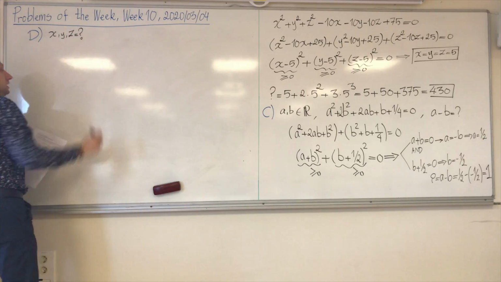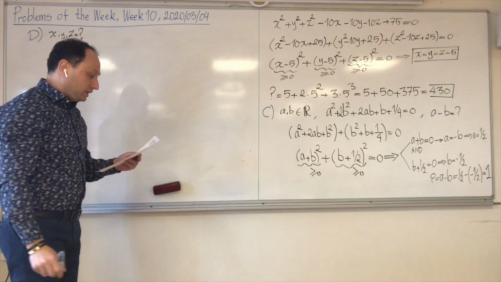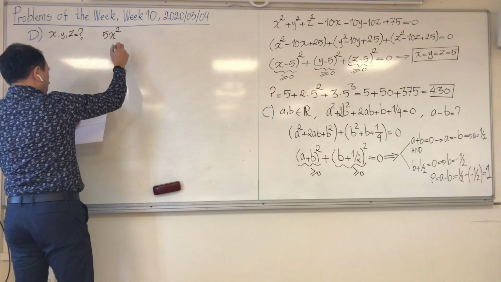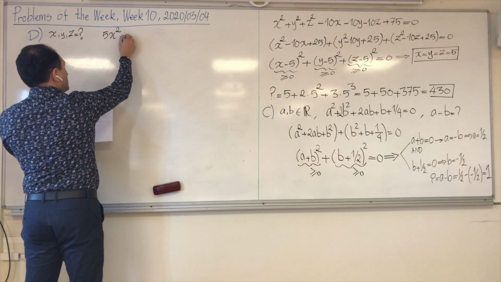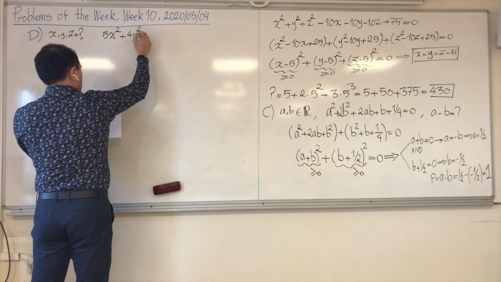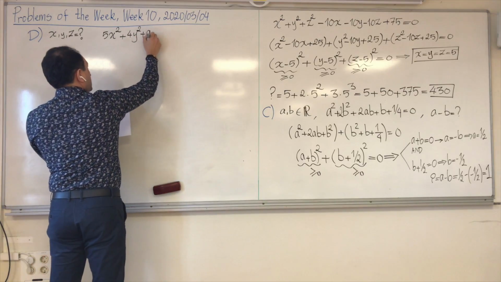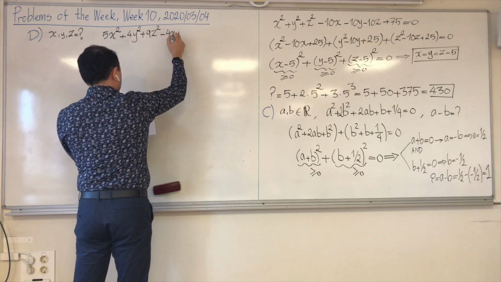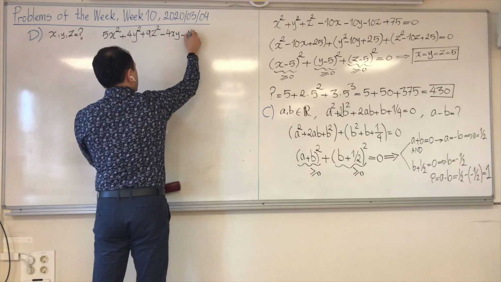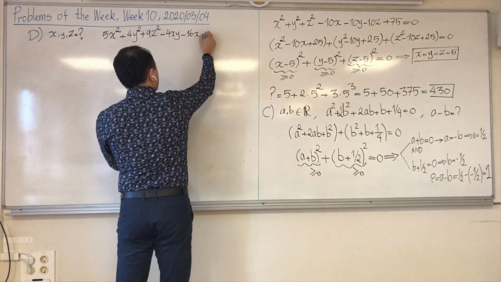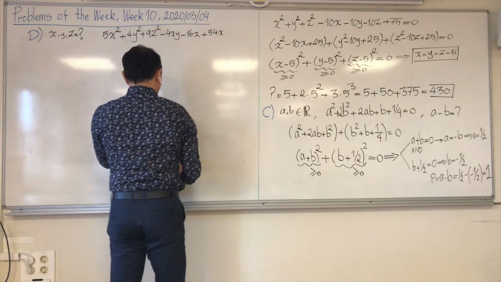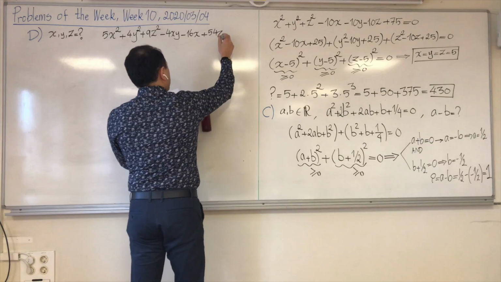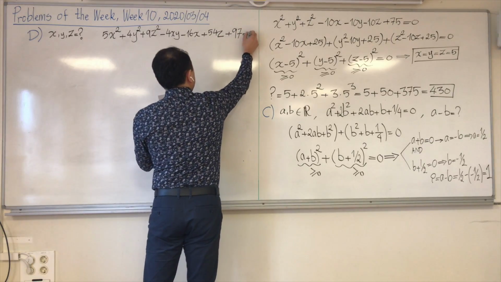I want to determine x, y, and z individually under this condition. 5x^2 plus 4y^2 plus 9z^2, and then I have minus 4xy minus 16x plus 54z and plus 97 equals to 0.